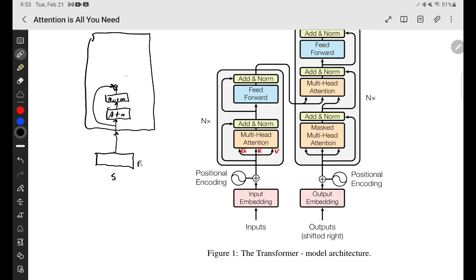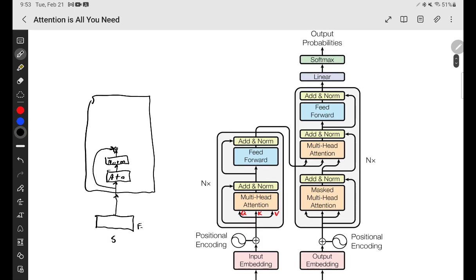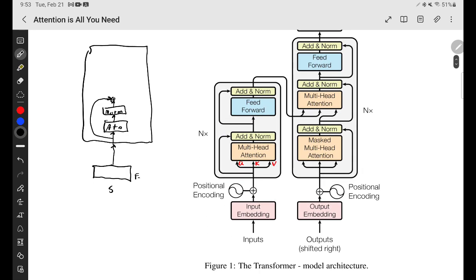Residuals are in every architecture. They're found to help the model learn. You can kind of think of it like, if I were to just have this norm and attention, then it has to change the sequence, and it doesn't know where it was coming from. But with the residual, it can change the input sequence.